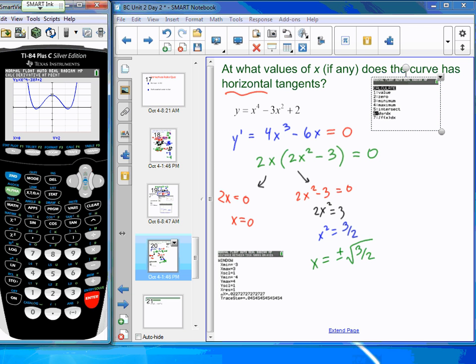I'm going to do 0, enter. Its predicted dy dx value is 0. Now I have to be careful with that because it uses a symmetric difference quotient. If this were an absolute value graph, it would still predict 0 at the corner or cusp, even though the first derivative does not exist there because the left-hand slope doesn't match the right-hand slope. However, we know this is a polynomial, so it's smooth and well-behaved.